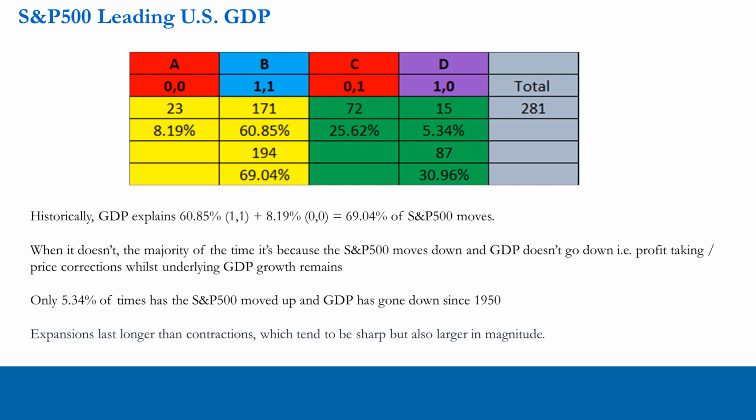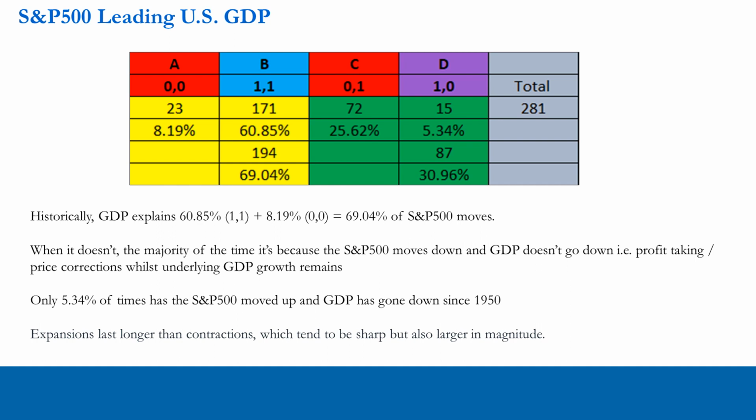So we can see from the table quite clearly that when the S&P 500 and GDP move in the opposite direction, the majority of the time, it's because the S&P 500 moves down and GDP doesn't go down. So GDP is reported up.